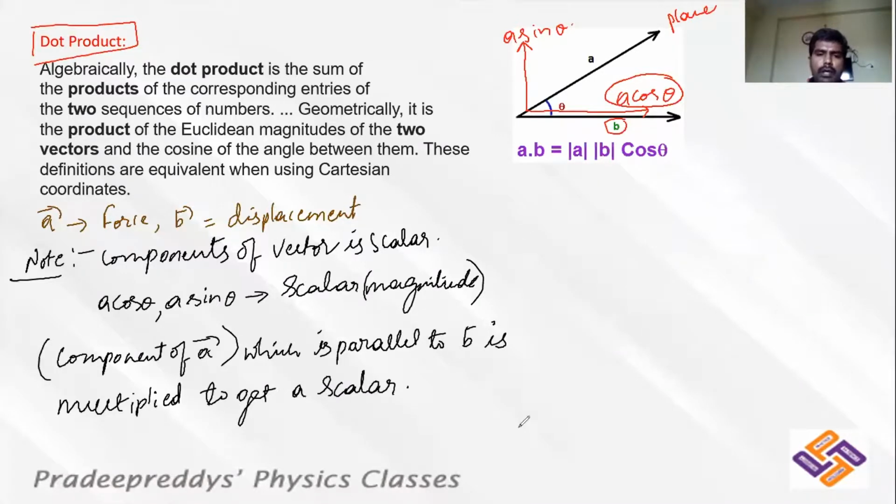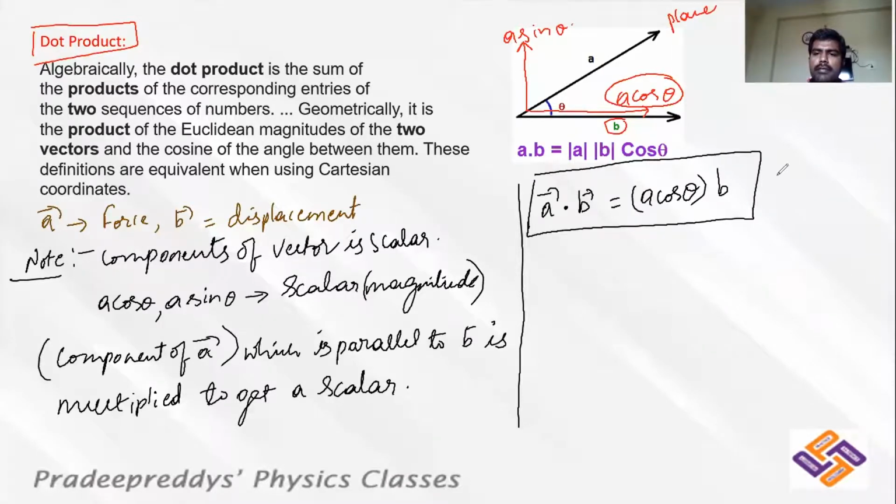So I will write it as a bar dot b bar. When you are multiplying two vector quantities by dot product, you need to take the component of either a bar or b bar which is parallel to the other vector. Here, a cos theta is the component of a bar parallel to b bar, so I write a bar dot b bar as a cos theta into b. So only the parallel component you multiply. This gives you a scalar quantity.